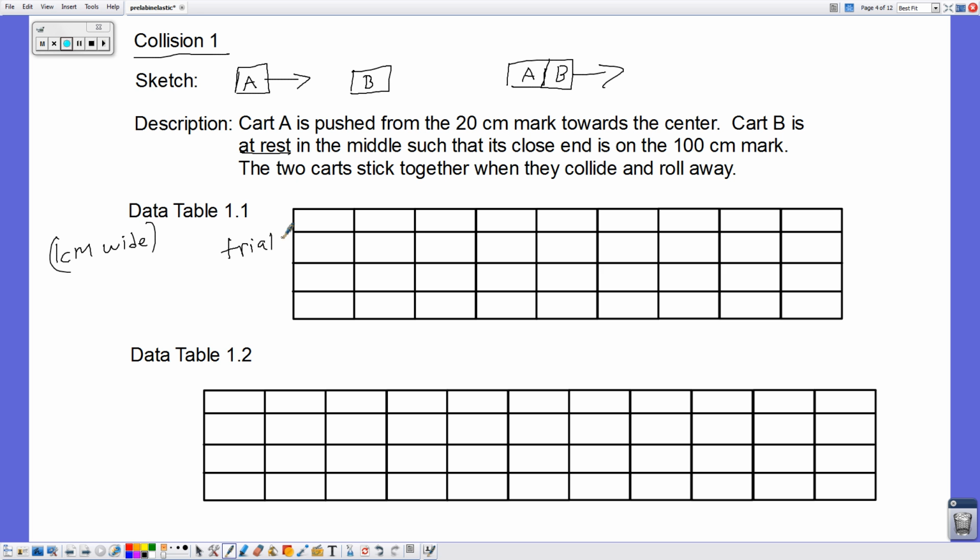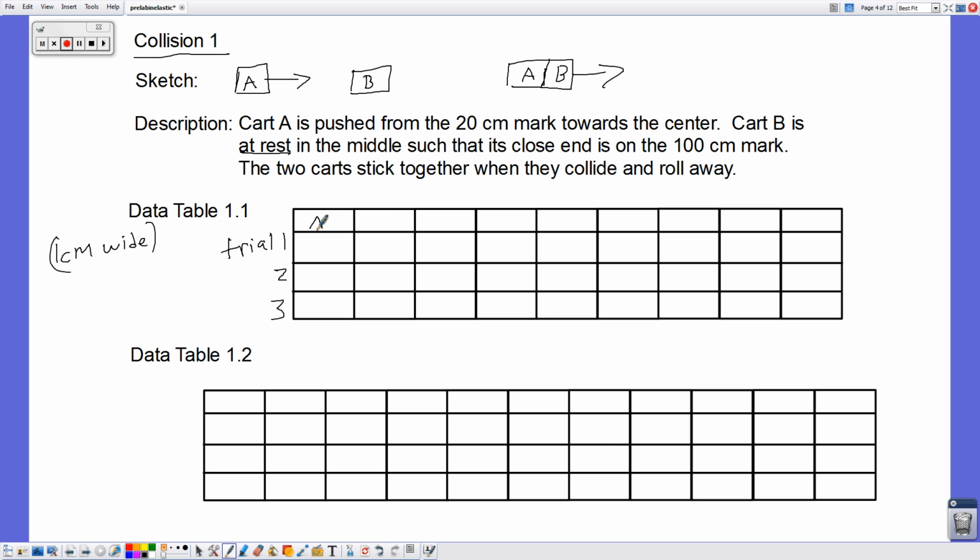For each collision, you're going to do 3 trials. Data table 1.1, that's for collision 1: the first data table for collision 1, the second data table for collision 1. We're giving them these names so you can refer to them in your written conclusion.